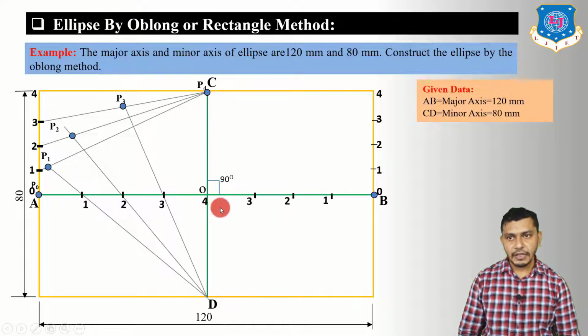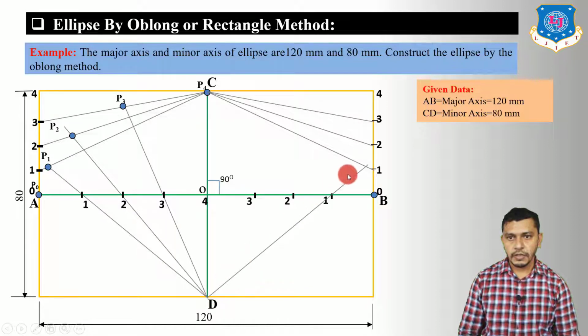Now apply the same method that we have applied in the second quadrant. We have to connect C to 1, 2, 3 and D to 1, 2 and 3 like this. So connect C to 1, C to 2, C to 3. Now connect D to 1 and extend the line to get the intersection at the line C1.